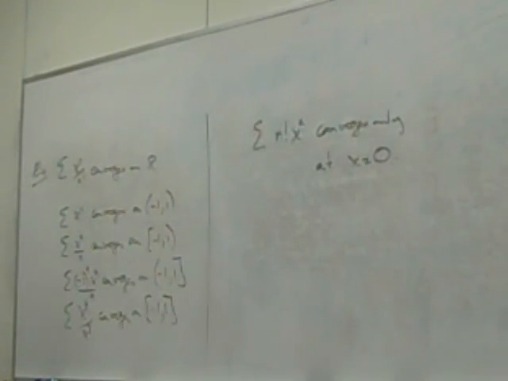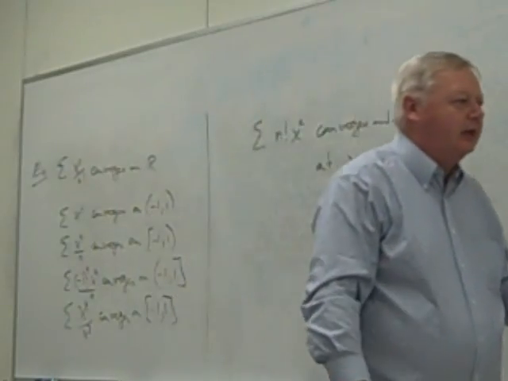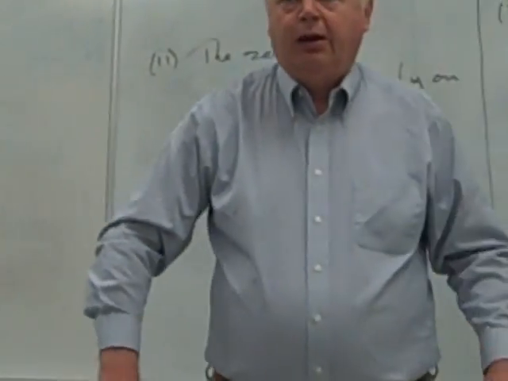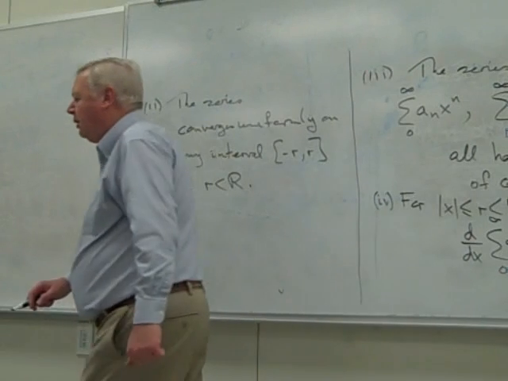But in this case, anyway, all of this is done by the ratio test. And to check the endpoints, you need the alternating series test in these two, but not here. Here it's just convergence of sigma 1 over n squared. Anyway, I'll leave it to you to check these. But what it illustrates is that everything I said in part 1 can occur. So we'll prove this.